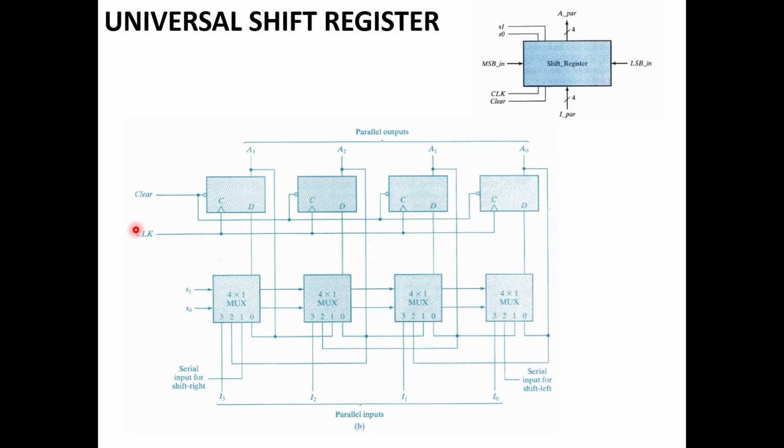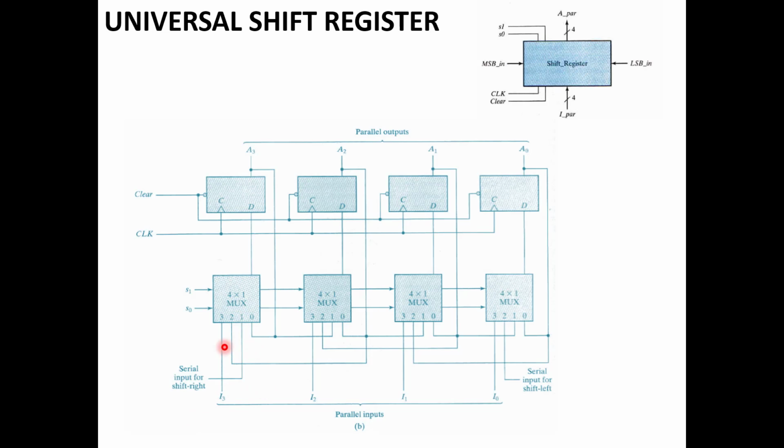Similarly, there is a clock, and the clock is applied to all the D flip-flops. Now here comes the story where you are going to use 4 into 1 multiplexers, and you have designed the connection in such a way that it is going to perform the required action. These are A0 to A3 as your parallel outputs, and I0 to I3 as the parallel inputs.